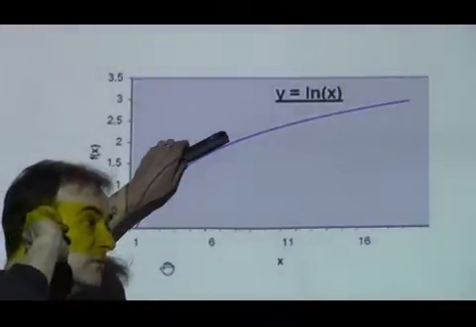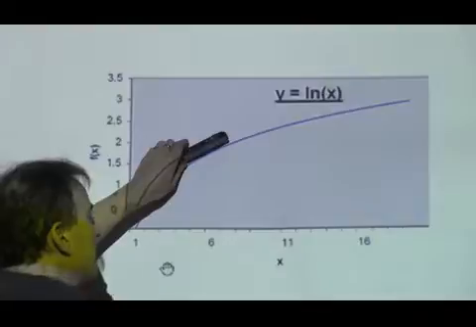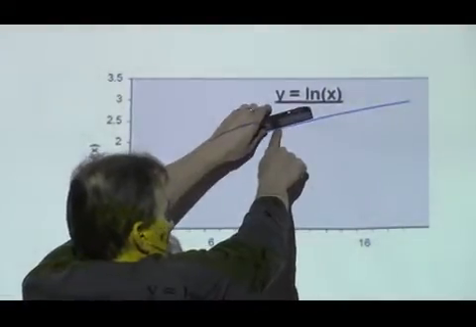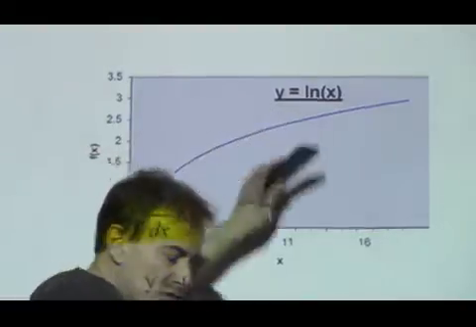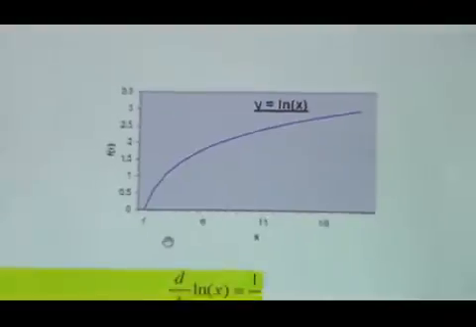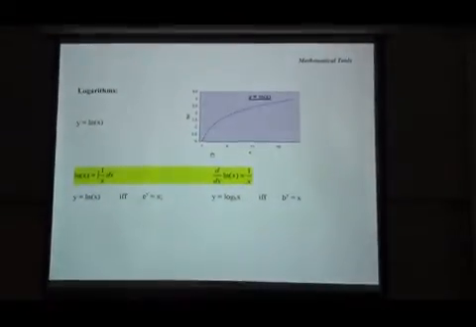What's x? 1/5. When x is 10, what's the slope of this line? 1/10. So the derivative gives us the function which is the slope of the tangent line at that point. That's what the derivative gives us.